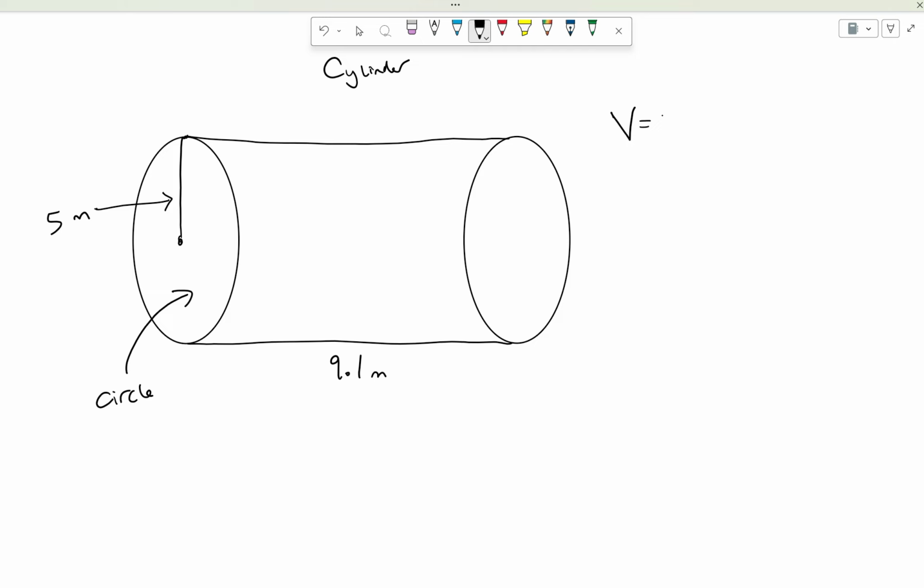So the volume is equal to capital B times H. Now we know how to find the area of a circle, and since the base is a circle, it's pi times the radius, in this case 5 squared. And then times the height, which is 9.1, the distance between the bases. So we have 25 pi times 9.1.